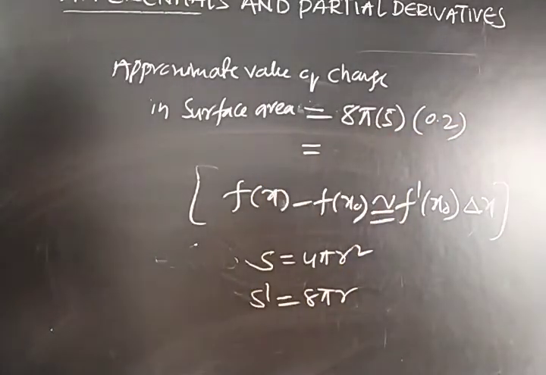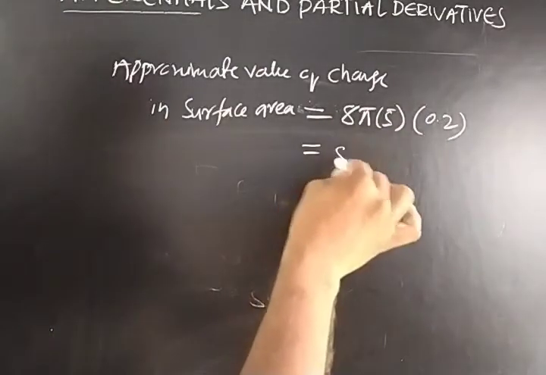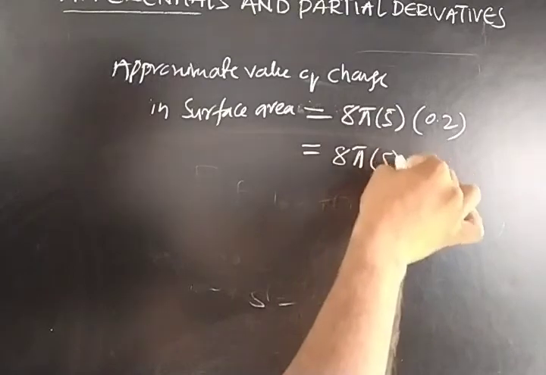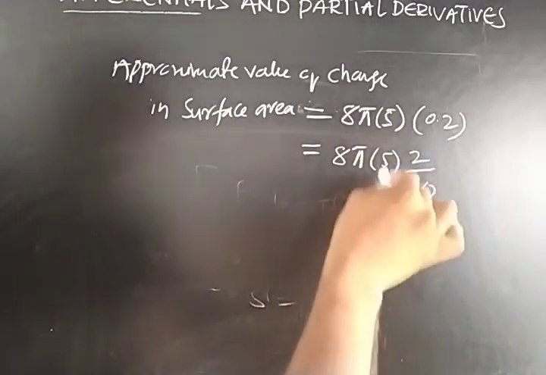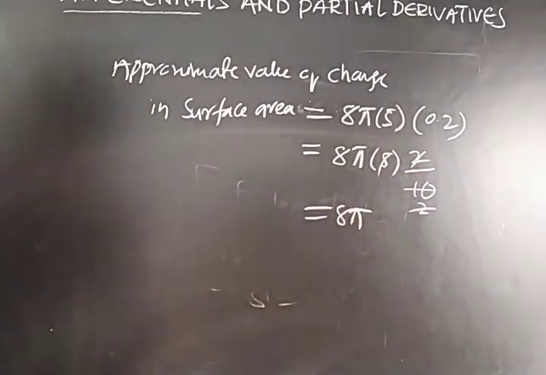Simplifying, 2 by 10 times 5, the 2s cancel, giving 8 pi centimeter square as the approximate change in the surface area.